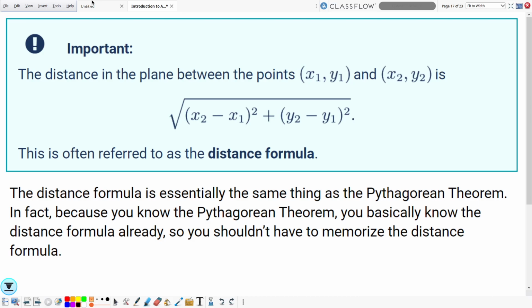For any 2 points in our plane, (x1, y1) and (x2, y2), we can calculate the distance between the two by taking the square root of (x2 minus x1) squared plus (y2 minus y1) squared. This is called the distance formula. It's the same thing as the Pythagorean theorem, so if you know the Pythagorean theorem, it's not hard to retrace the steps to get this formula. Honestly, I wouldn't even recommend memorizing it, because if you understand the Pythagorean theorem, this should come very intuitively.